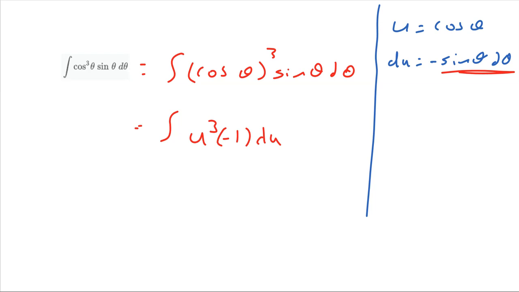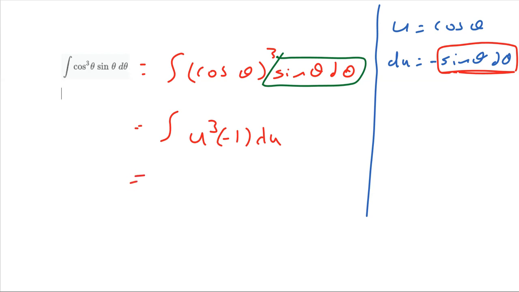Sometimes I like to play a matching game instead of solving for d theta. That's usually what I do. I see sine of theta d theta there, and sine of theta d theta there, but it has the negative sign, so I have to put a negative in here to make up for that. So you can just make that switch. We know du is equal to that. We'll put du in its place.